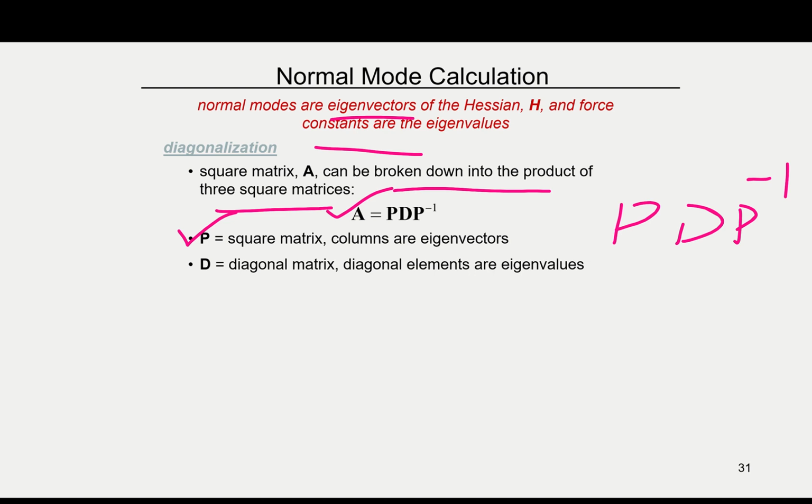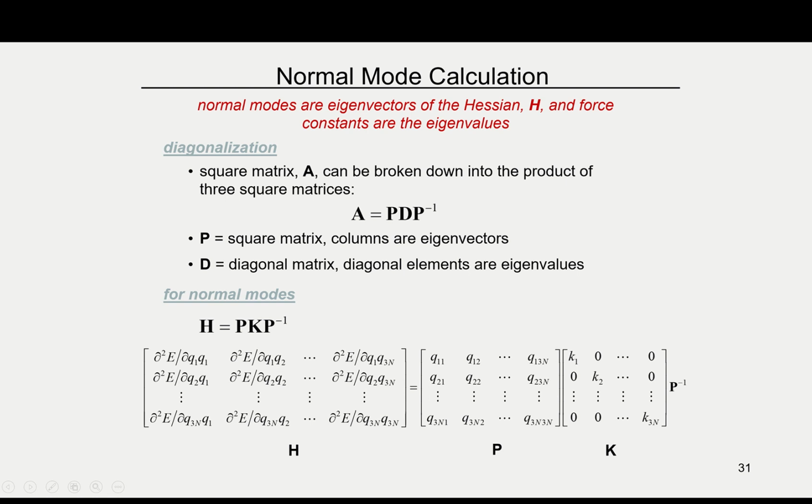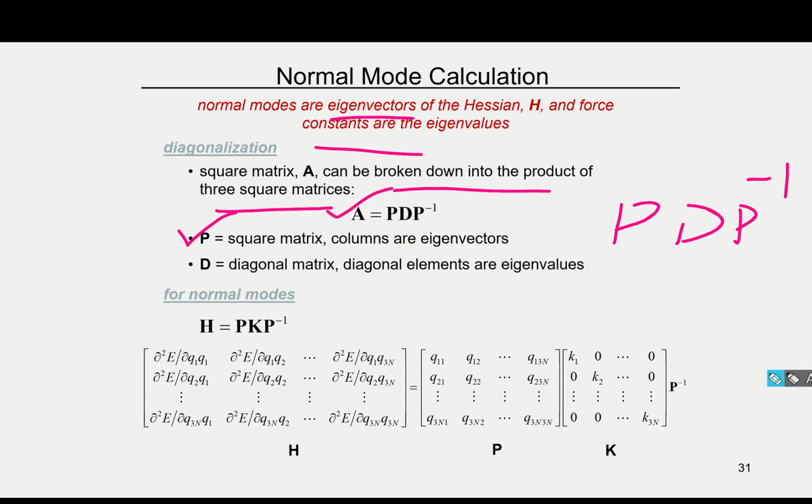So P is a square matrix whose columns are eigenvectors. Let's see here, it will be understood easily. P is the square matrix in here, and the columns are eigenvectors.